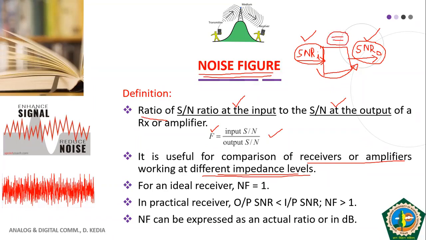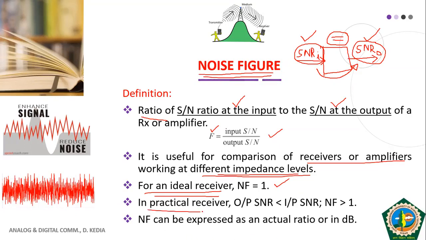So for an ideal receiver, where the input SNR is transmitted as it is to the output side, the value of noise figure will be 1.